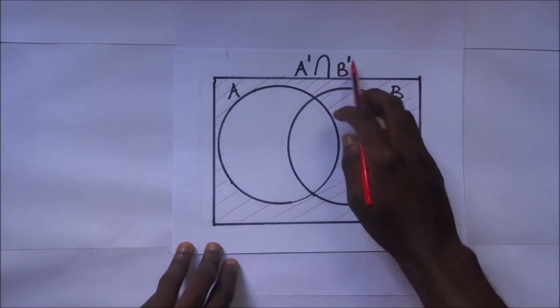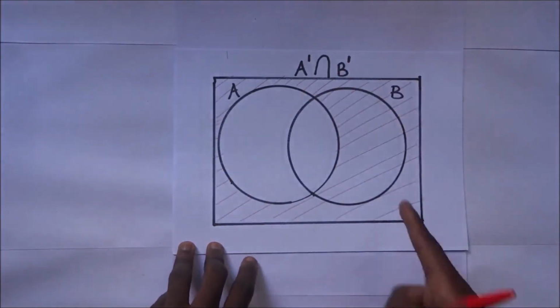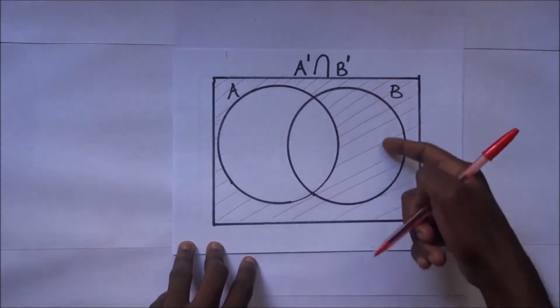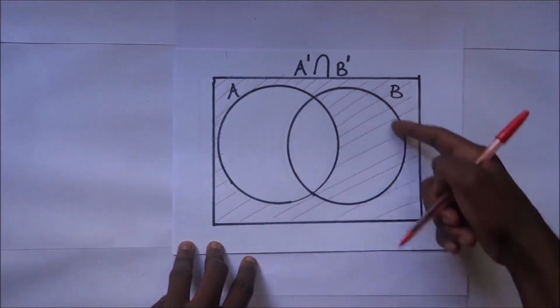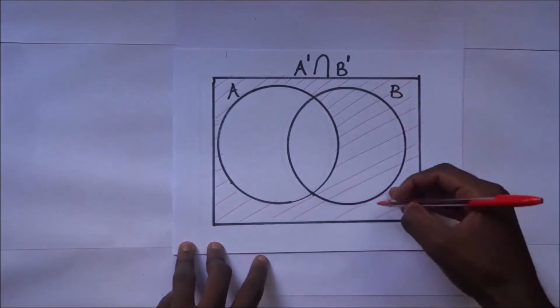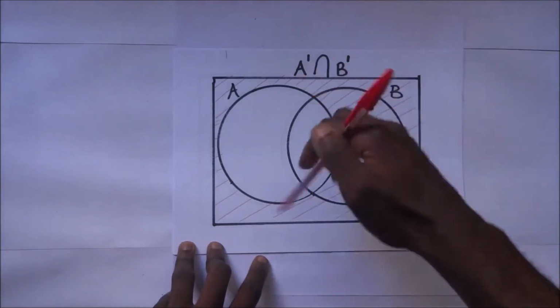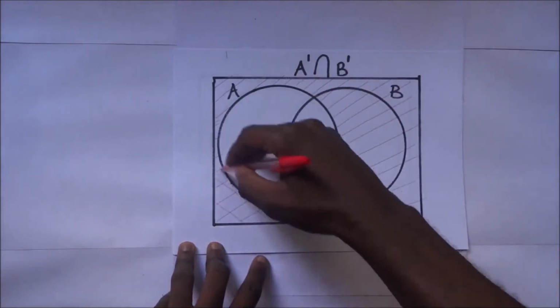And then B complement means you are going to shade outside set B. This is set B. So B complement means you're shading outside B and you're going to leave B without shading it. So we shall shade B complement in the reverse order, like that.